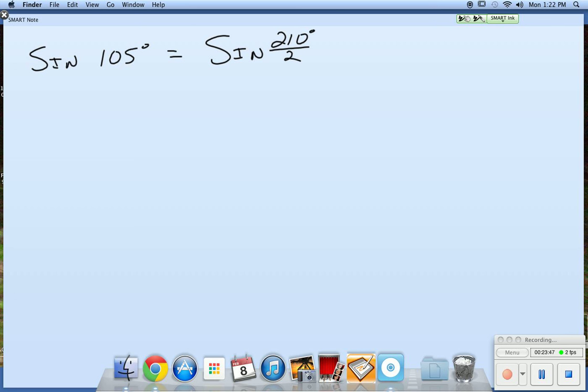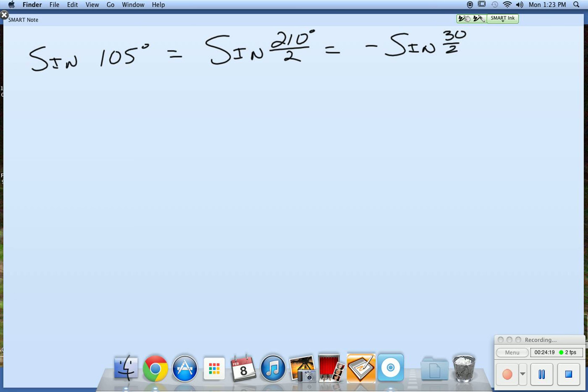Right here, 30 degrees down from the 180. So we're actually looking at a 30-degree angle, and we're looking in the third quadrant. The only thing positive in the third quadrant is tangent, so this is going to end up being a negative. So what we're really looking at here is a negative sine of 30 over 2.